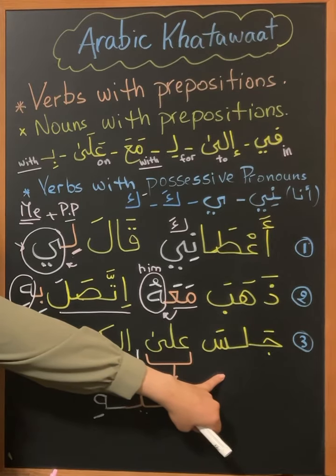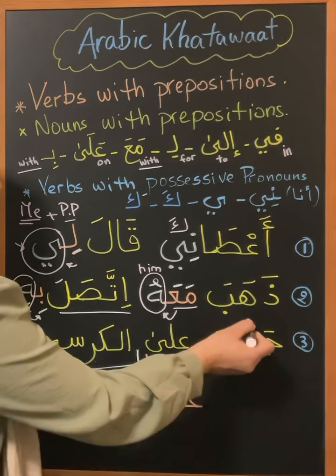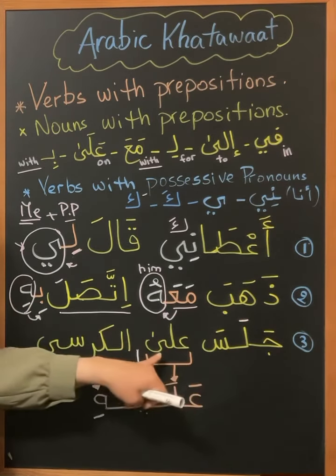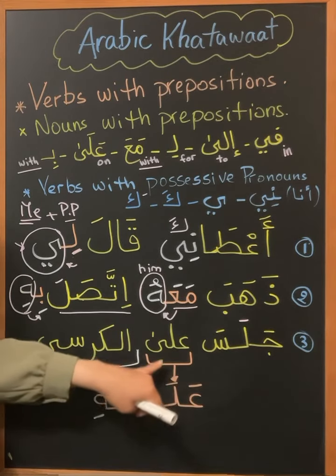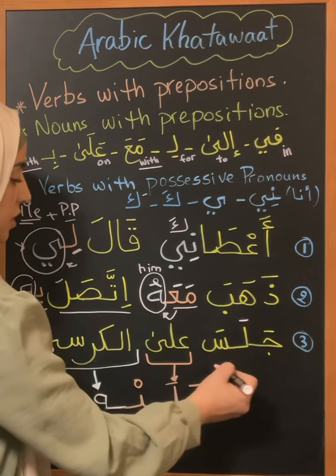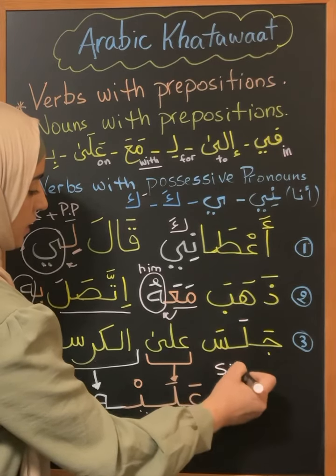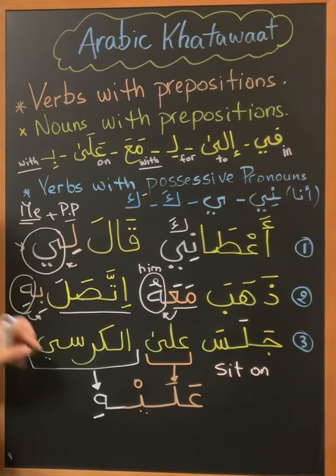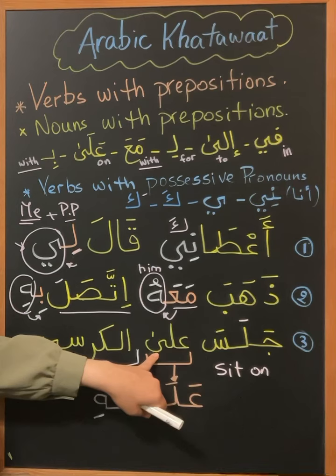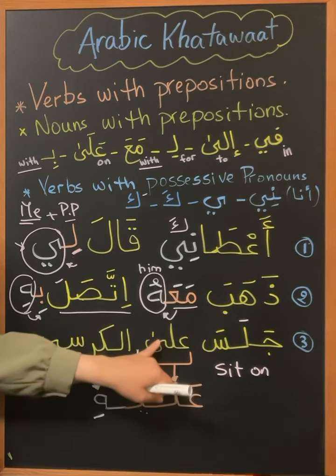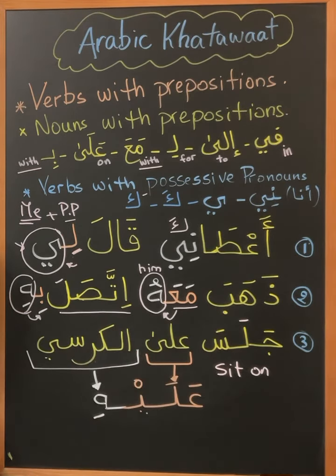Here's another example. I have جلس. This is a very interesting verb because we have to use على. So جلس is to sit, and in English you would say sit on. على has an alif maqsura. It takes the shape of a ya, but it's not a ya. It has no dots.